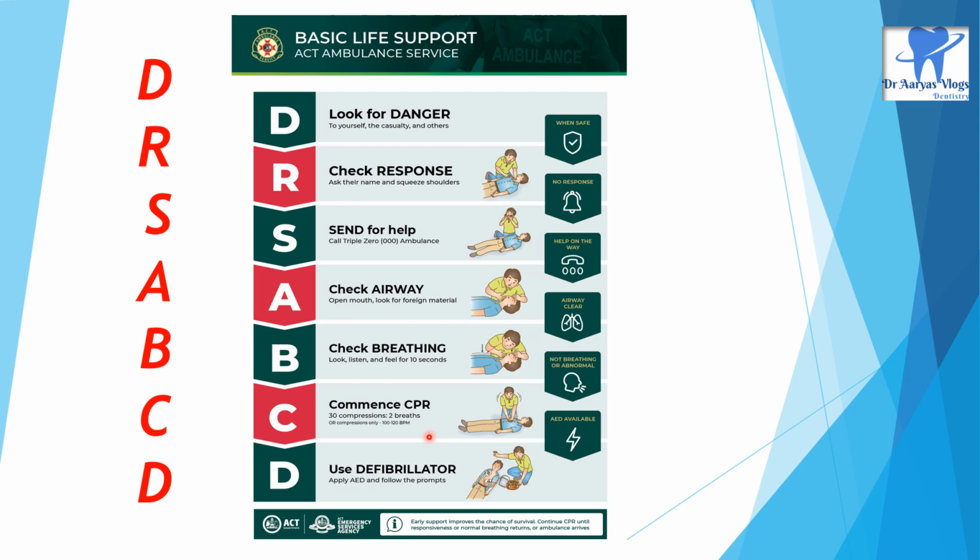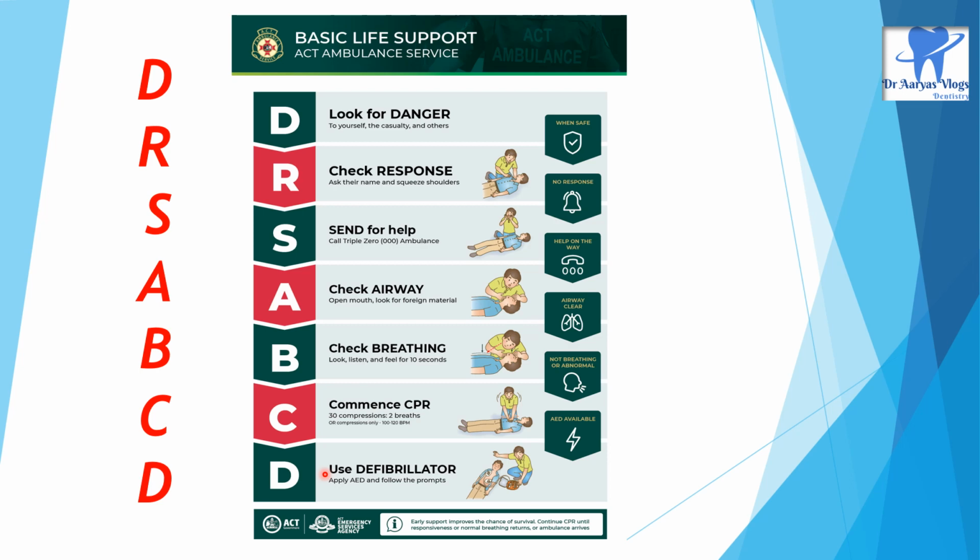The next step is commence CPR, at a rate of 100 to 120 per minute with a ratio of 30 compressions and 2 breaths. Continue CPR until help arrives or the patient recovers. Then finally, it is D, that is use of a defibrillator.